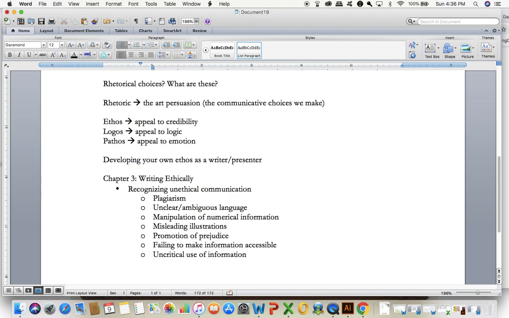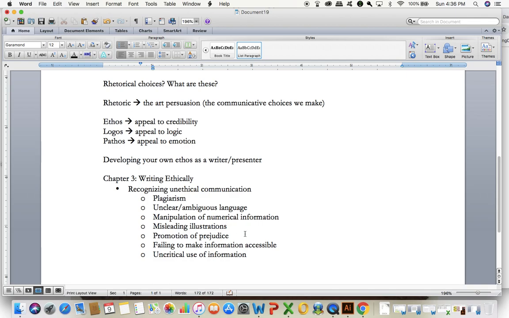Or your reader or watcher or audience might be like, why are you giving me this information? That comes up a lot in writing, when you might quote from somebody, or paraphrase, when you're integrating evidence and you don't address the evidence. That's uncritical use of information, and it's very common in student writing.